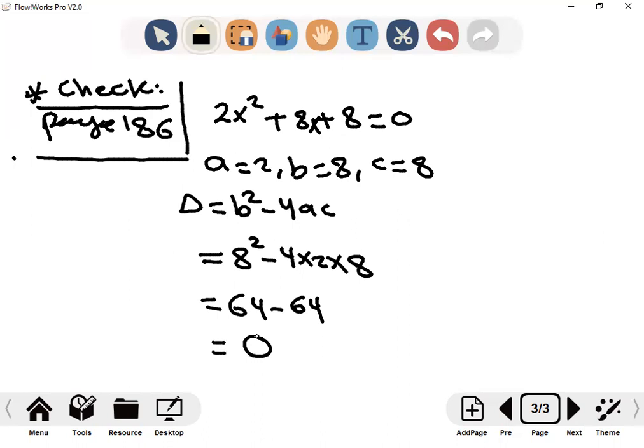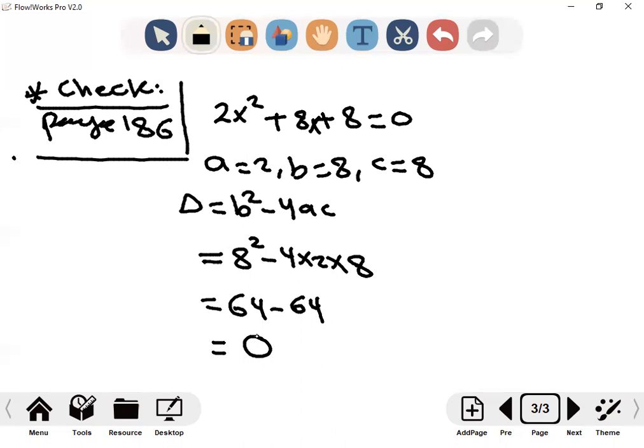Now, if delta is 0, then the equation has only one root. If you have a number with a lot of decimals, we said irrational, right? But here, the delta is 0. So when you want to find the solution, you have one solution. What is it?